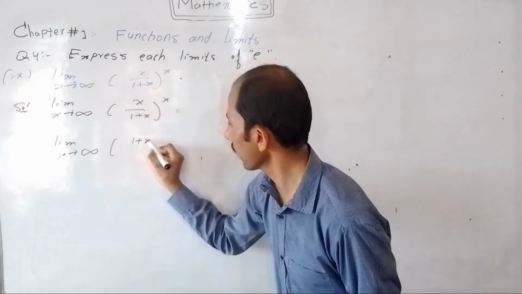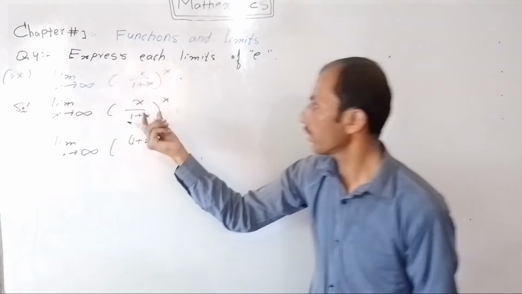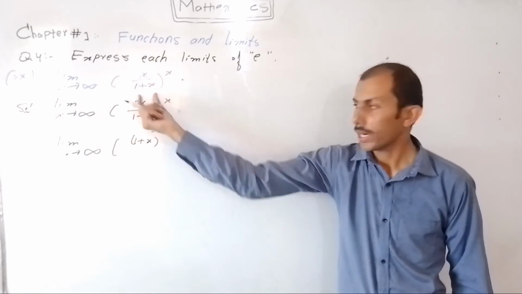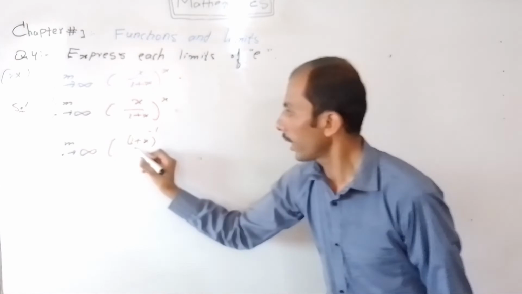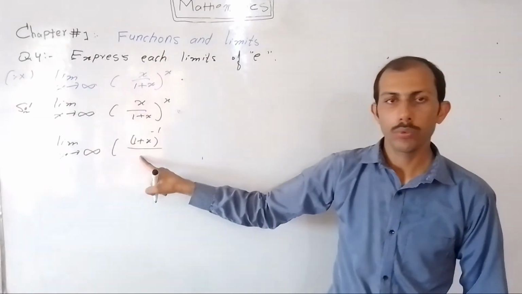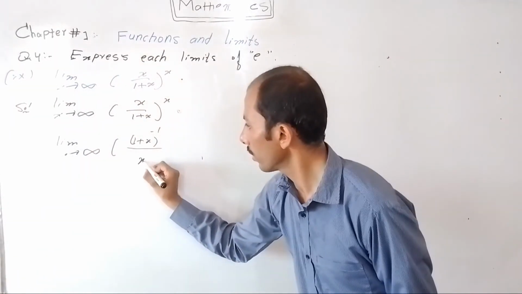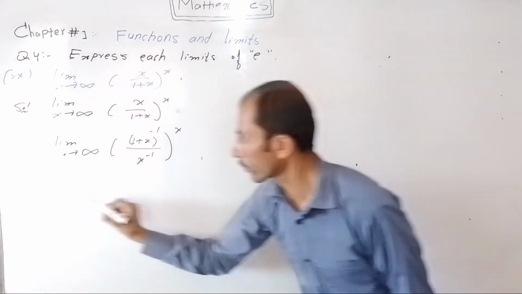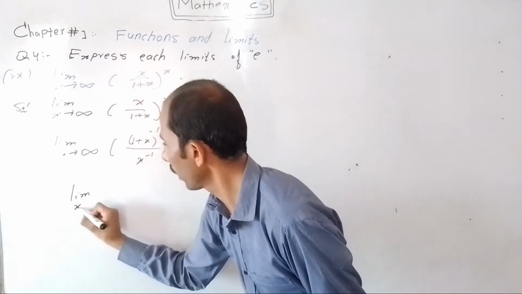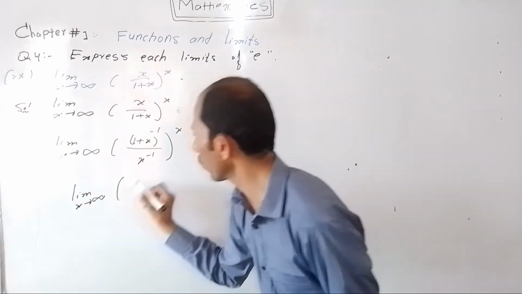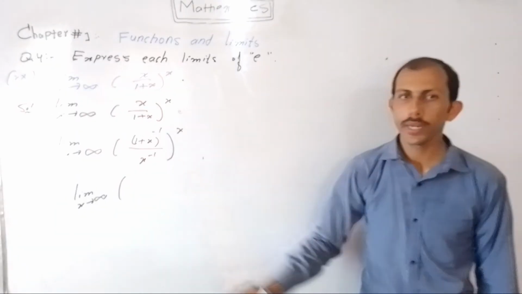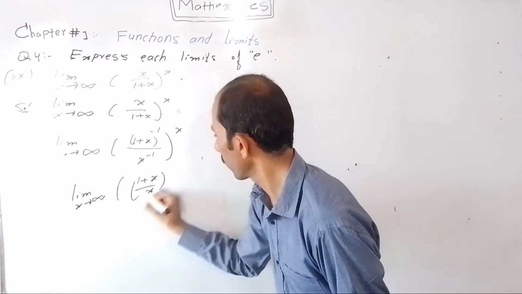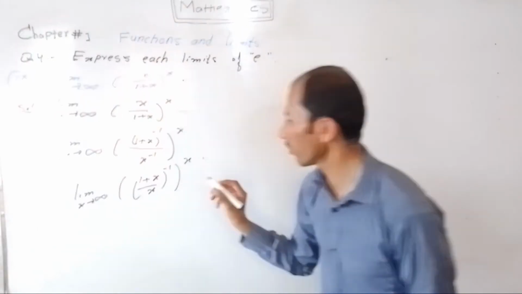1 plus x whole power minus 1, it means denominator form power whole positive, so numerator take power will be negative, whole power minus x. Next, x taking numerator form, so x power minus 1 whole power x. Next, limit x approaches infinity of (1 plus x divide x) whole power minus 1 can also be written in this form.